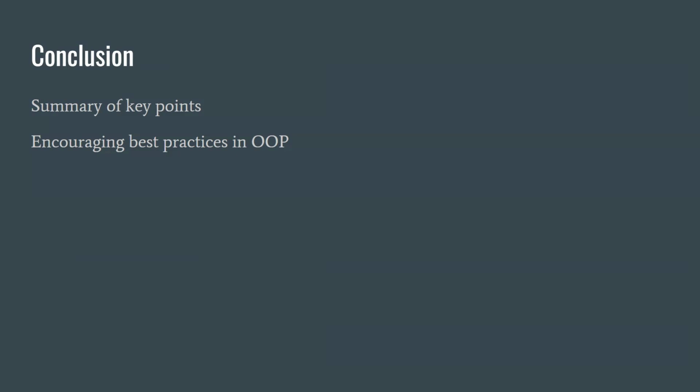Just for recap, encapsulation helps protect your data, inheritance enables code reuse, polymorphism allows for flexibility, and abstraction hides complexity. By using these principles, you can build more sophisticated software systems, and we will look at each topic more in detail in a different lecture.